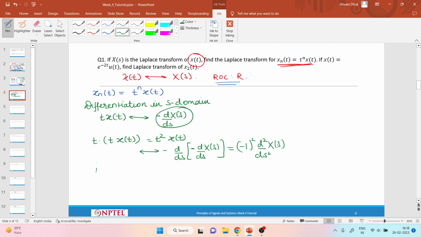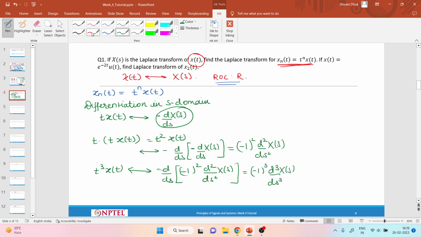Similarly, if I take t^3 x(t), then this will have a Laplace transform of minus d/ds of (-1)^2 d^2/ds^2 X(s), which equals (-1)^3 d^3/ds^3 X(s).